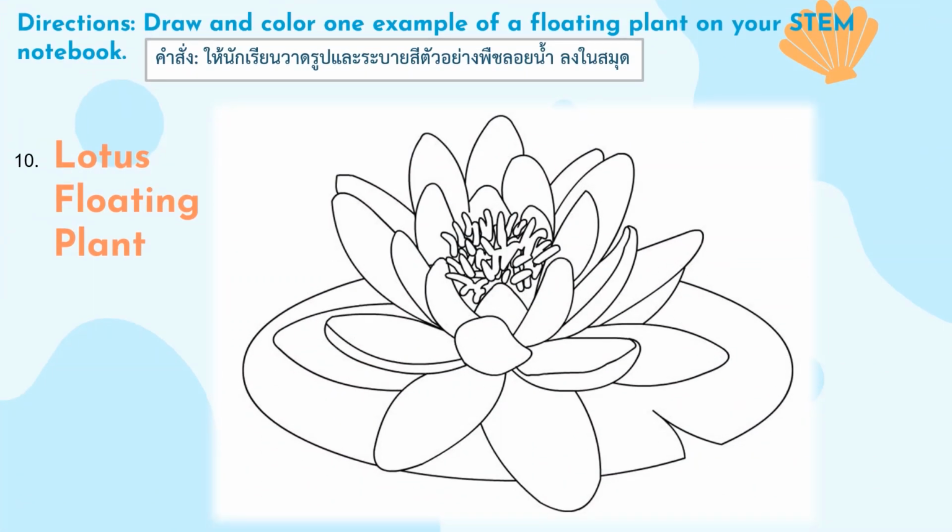For your final activity, number 10, I want you to draw and color one example of a floating plant on your STEM notebook. I want you to copy this drawing and add color to it.